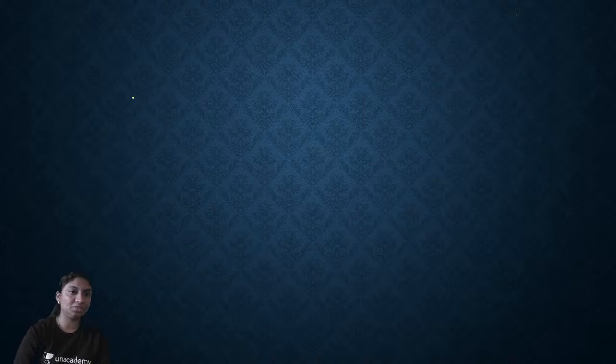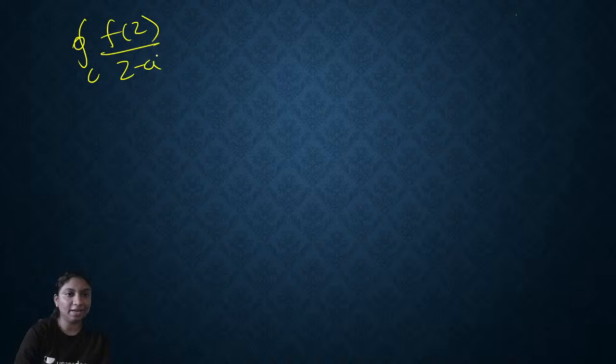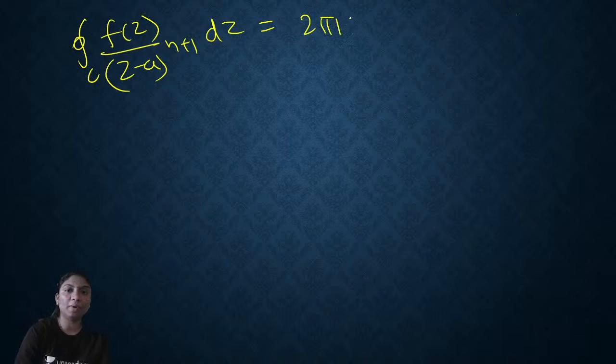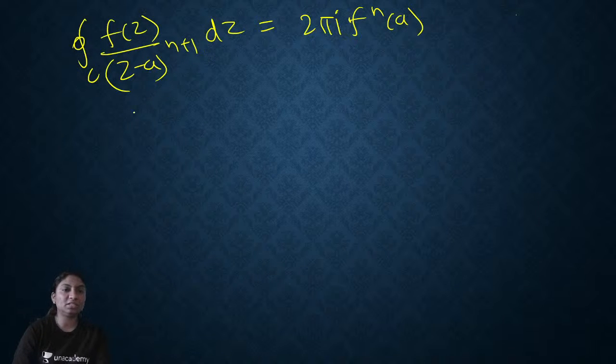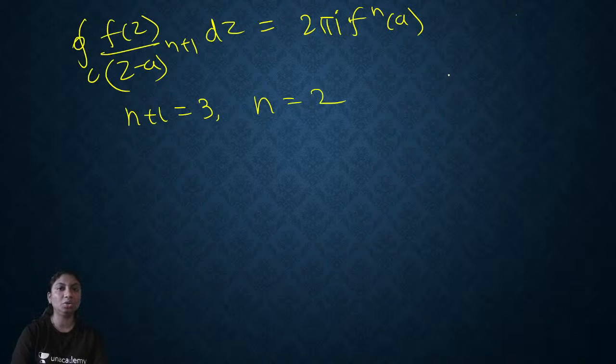Okay. So our formula is: integral over C of f of z upon (z minus a) raised to n plus 1 dz is equal to 2 pi i into f raised to n at a. Right? So here our n plus 1 is equal to 3, so n is equal to 2. So you will get f double dash at a.